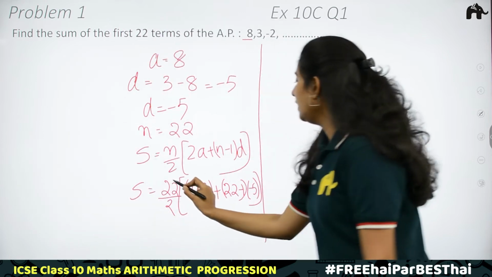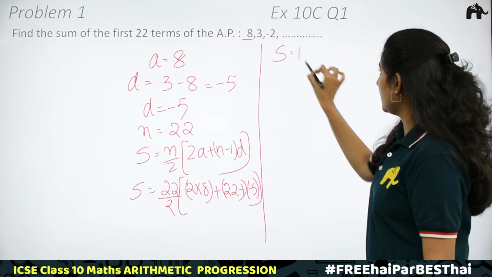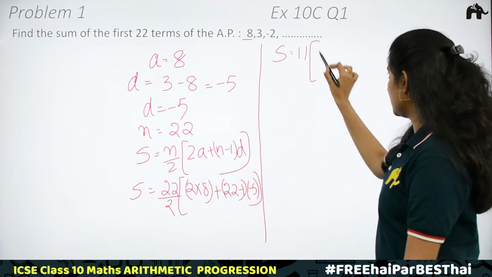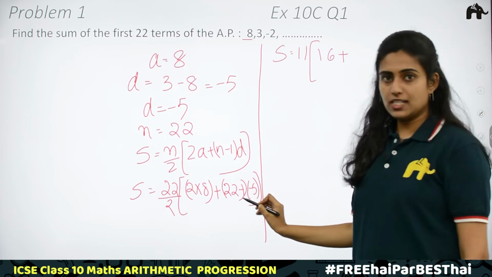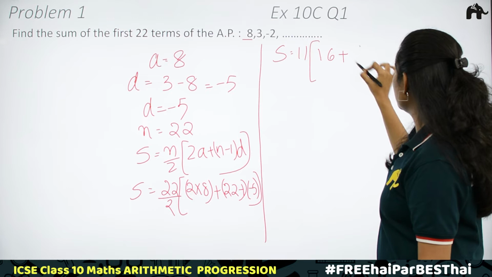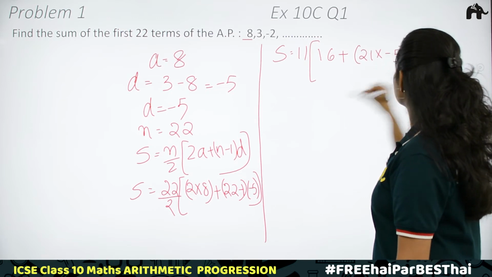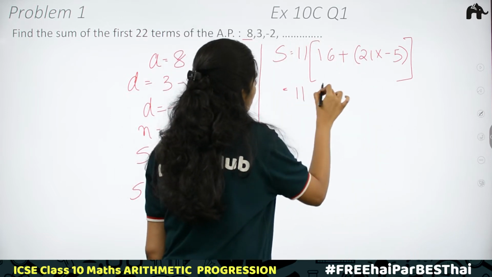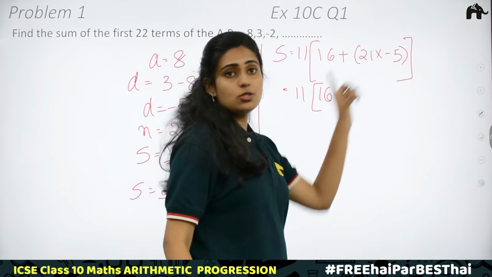Okay, 22 divided by 2 is 11. S is equal to 11 into 2 into 8, 16, plus 22 minus 1, 21 into minus 5. That is equal to 11 into 16, 21 into minus 5.